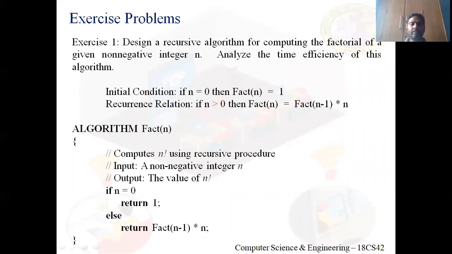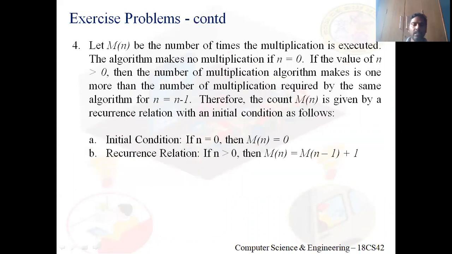No multiplication is performed. So what is m of 0? It's nothing but 0. Look here, initial condition: if n equals 0, then m of n equals 0, because no multiplication is performed.